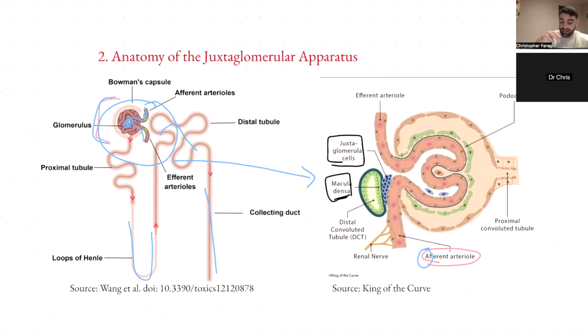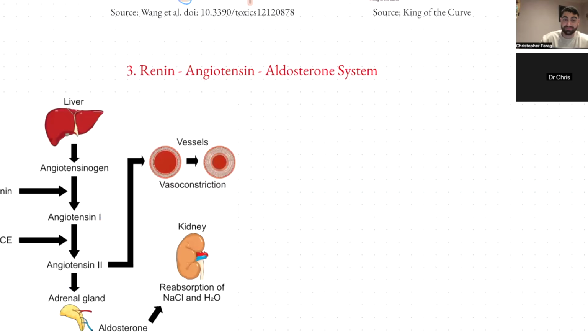Okay. Now that we have an understanding of basic anatomy, let's actually look at how this anatomy will help us to create our endocrine system. The renin, angiotensin, aldosterone system.